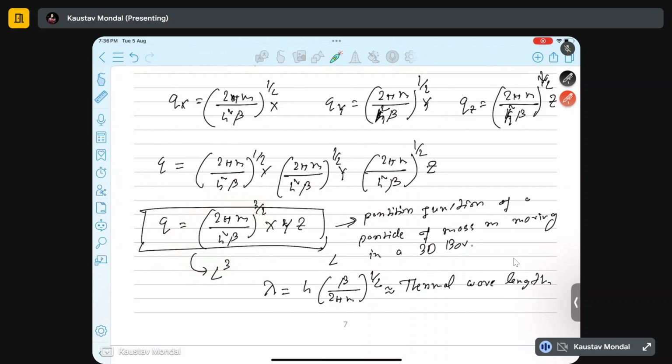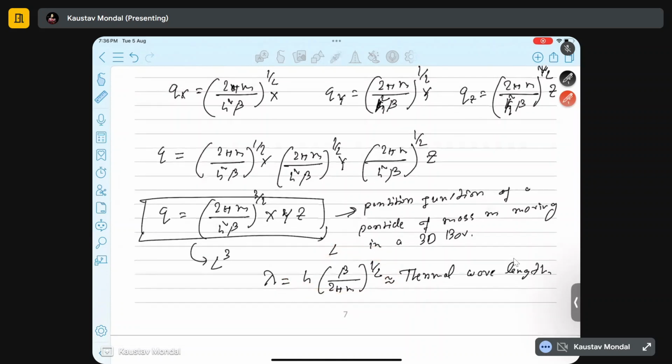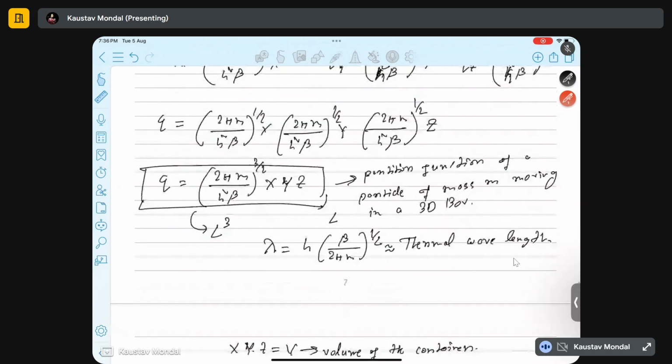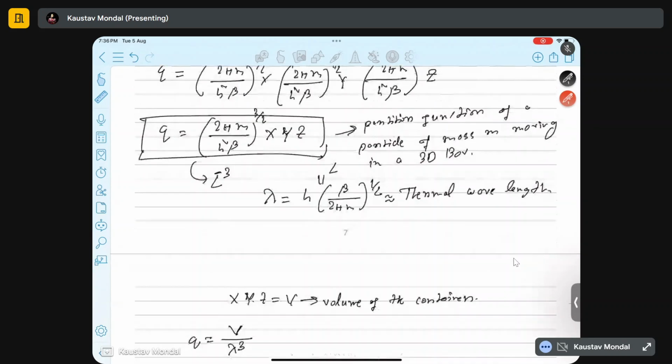something that has the dimension of length cubed. So we call this thing the thermal wavelength. This has the dimension of length cubed, this has the dimension of length, so the inverse is length to the power minus 3.